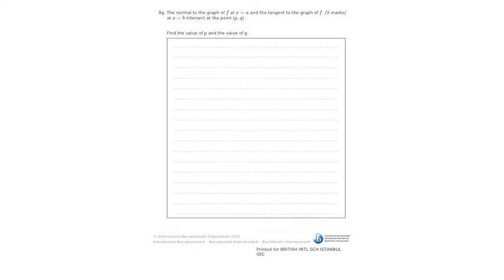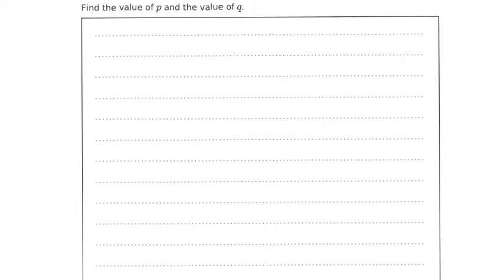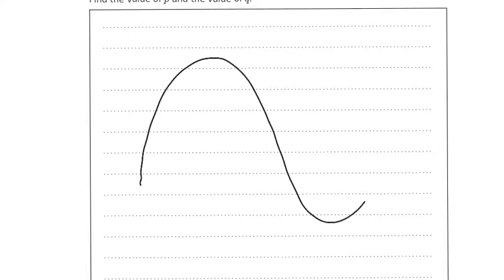9g. The normal to the graph of f at the point x equals a and the tangent to the graph of f at x equals b intersect at the point P, Q. Find the values of P and Q. Firstly, let's draw the cubic and see what we've got. So we have a cubic that looks like this.